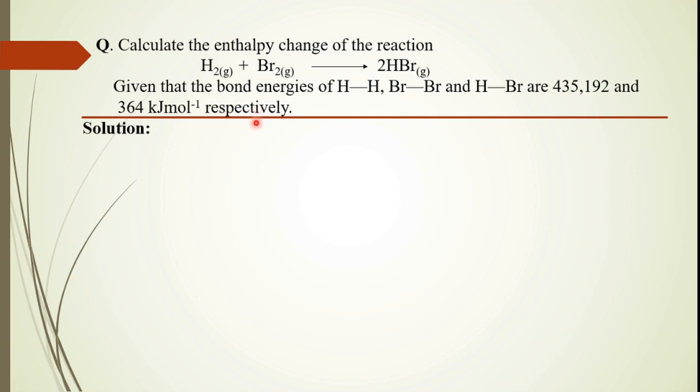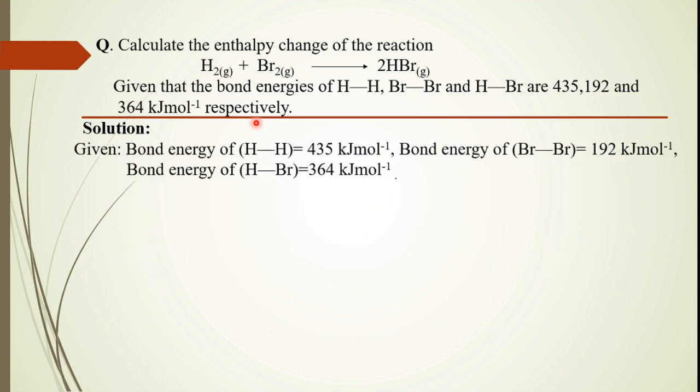So this is the question. First of all, we will write the given things. What are the given things? Bond energy for H-H bond is equal to 435 kilojoules per mole. Bond energy for Br-Br bond is equal to 192 kilojoules per mole, and bond energy for H-Br bond is equal to 364 kilojoules per mole.